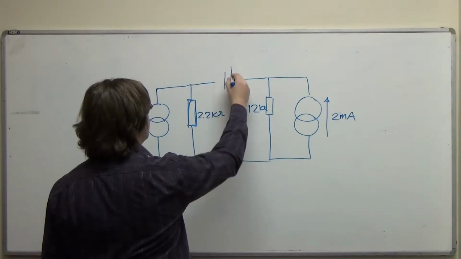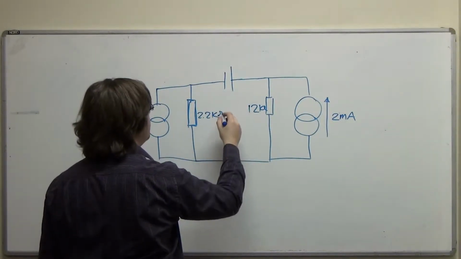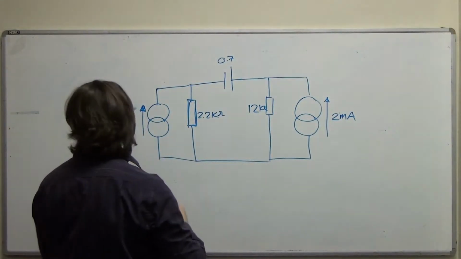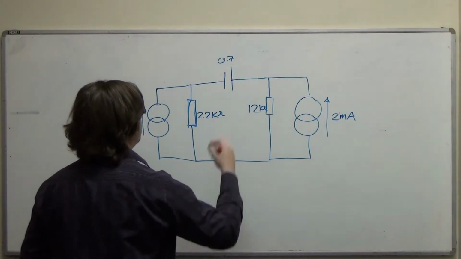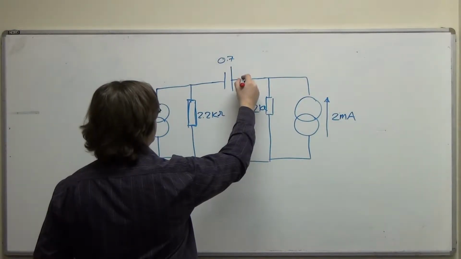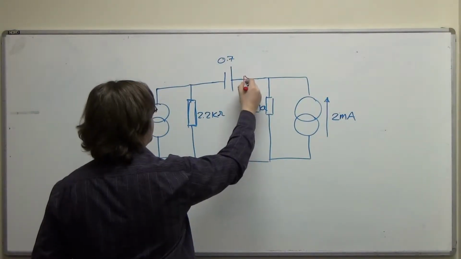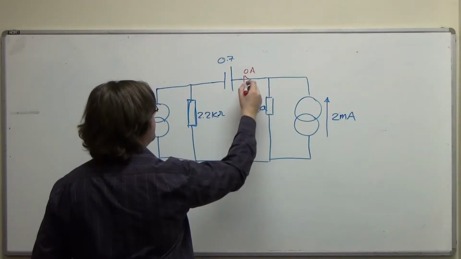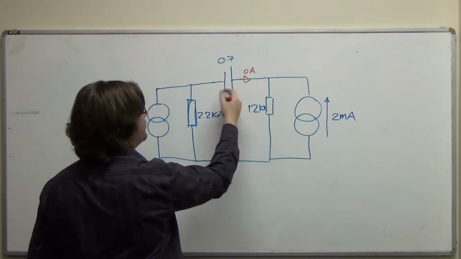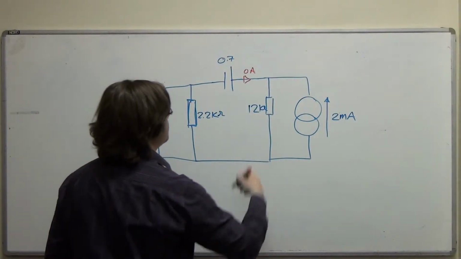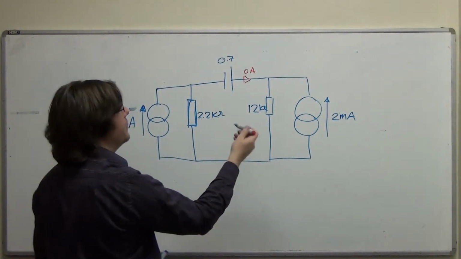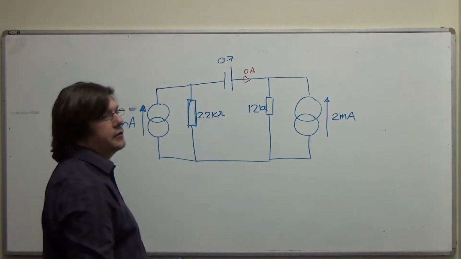You can say, I've got a battery here which has got 0.7 volts on it. That's fine. And I'd probably draw the current that way, because that's the way the current should leave the battery. That should be 0 ohms. In practice, if it's a diode, the current will be going the other way, because there won't be any current, but when I think about it in my mind, I will think about the current going the other way.